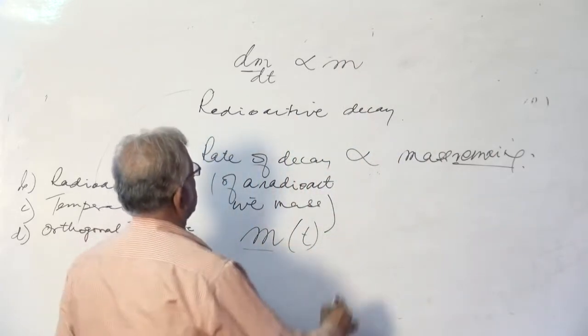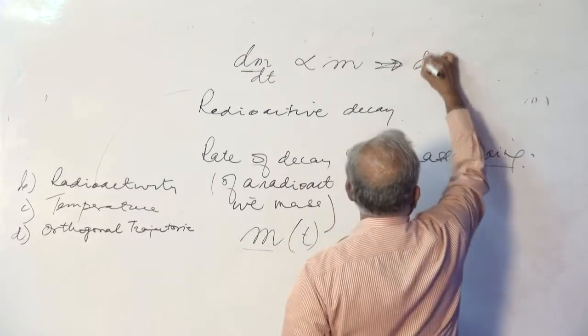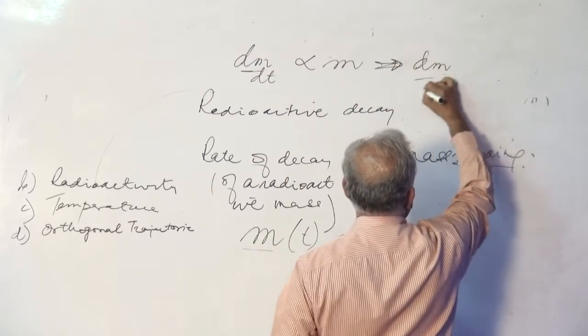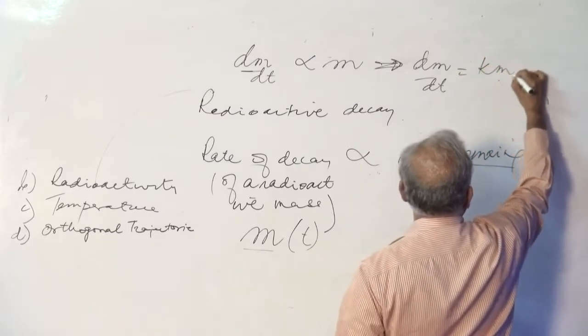In other words, this implies that dm dt is nothing but k into m.